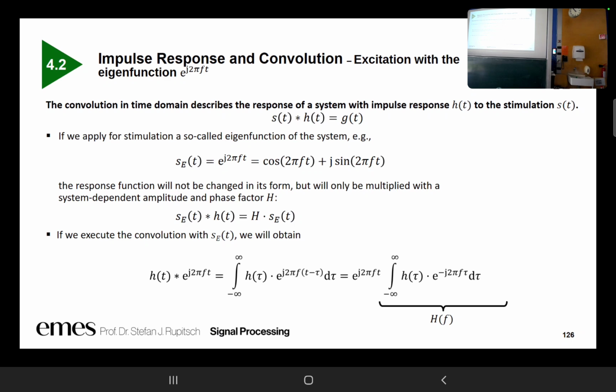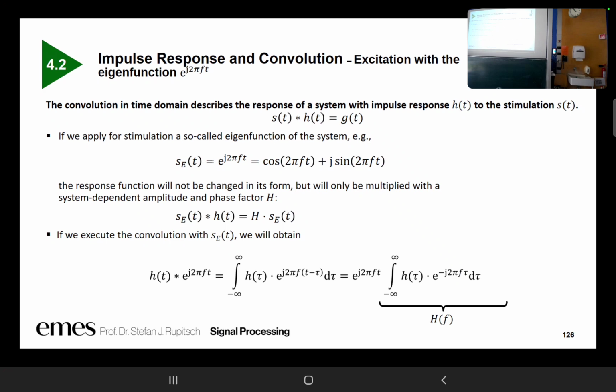If I have an additional frequency at the output, then the system is not linear anymore. If I put a 50 Hertz signal at the input, then the output will also be a 50 Hertz signal, and I can do this for each frequency.